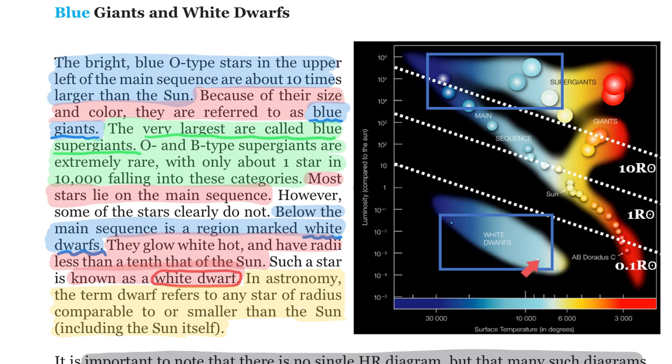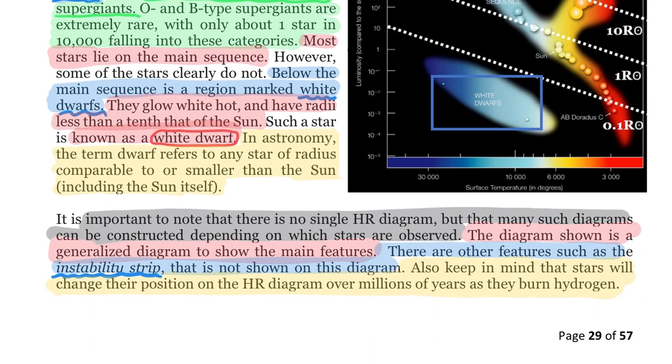There would be a white dwarf sitting at maybe 8,000 or 9,000 Kelvin, but much smaller, about a tenth of the radius of the Sun. In astronomy, the term dwarf refers to any star of radius comparable to or smaller than the Sun, because the Sun itself is also a dwarf, a yellow dwarf.